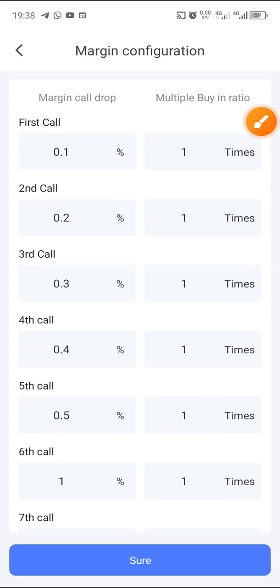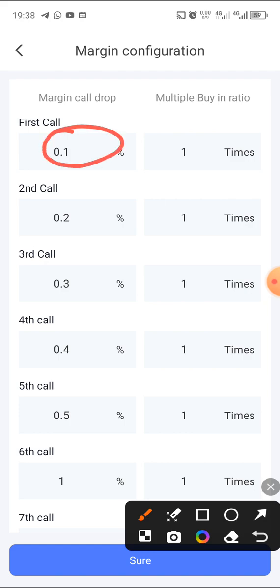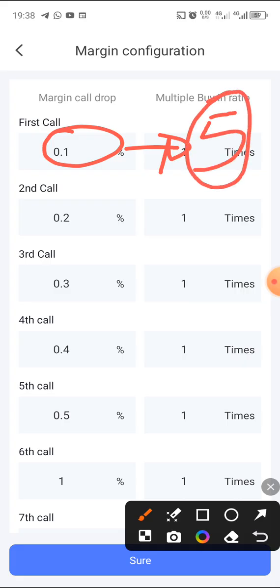Meaning that when the price drops by 0.1%, our robot will be putting in the $5. Remember, we say that our robot should buy with $5 on each margin call. So it puts in $5.